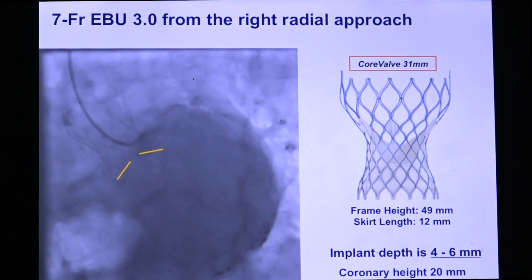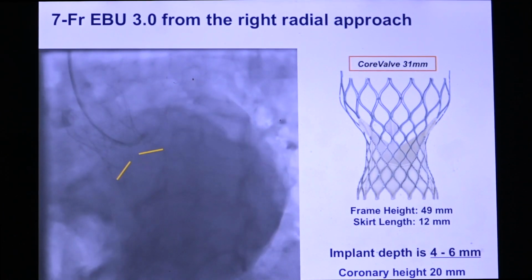We initially had a very hard time engaging the left coronary artery. Using the standard Judkins catheter, we took non-selective pictures and we knew that we were dealing with the distal left main. Immediately, the decision was made to intervene. We used a 7 French EBU3 catheter through the right radial approach.